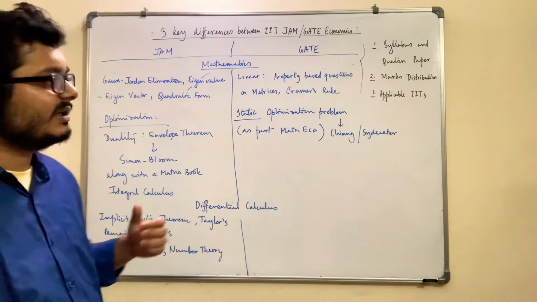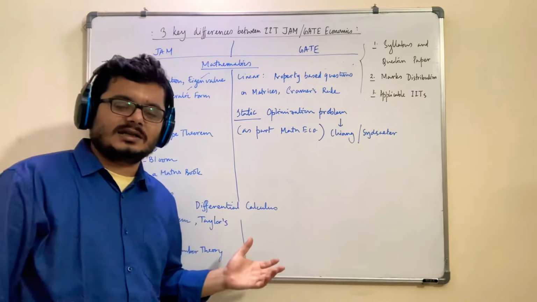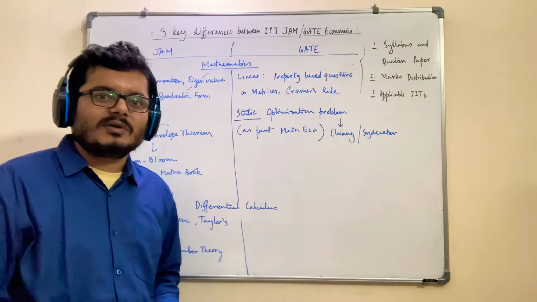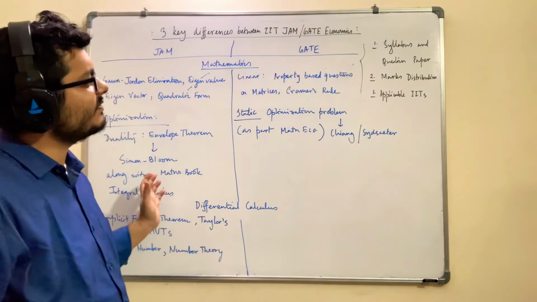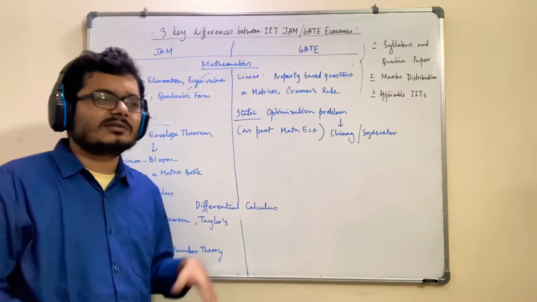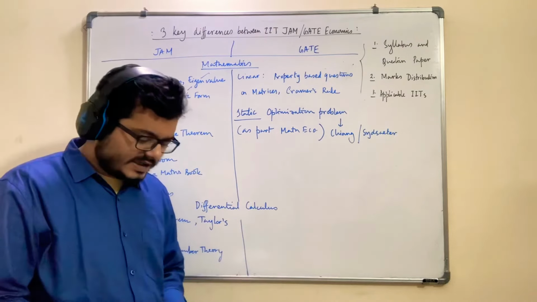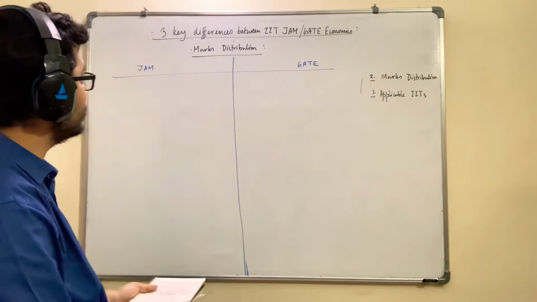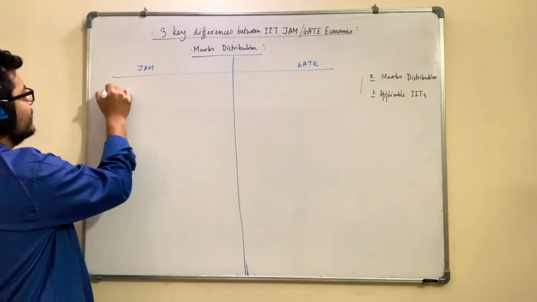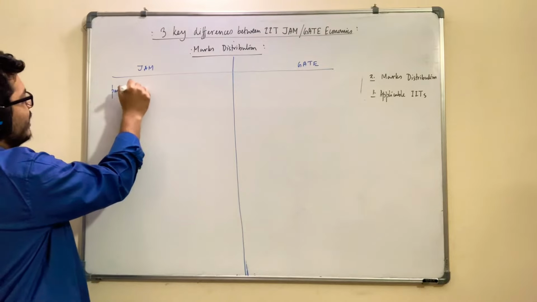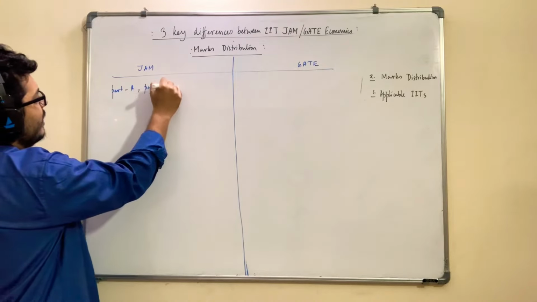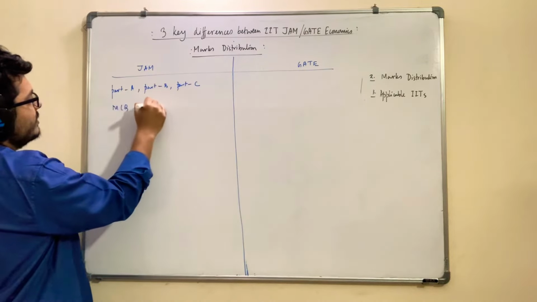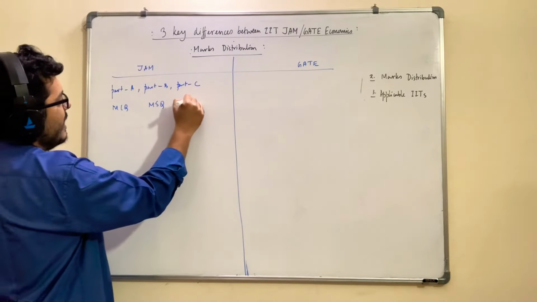In statistics also, the mathematical statistics part is higher in JAM. So technically speaking, JAM is a more mathematically inclined exam, whereas GATE is more on the side of economics, and that too the theoretical or model based or informative economics, not a lot of numerical problems. Okay. So in marks distribution, we know that in JAM there will be part A, part B and part C, accordingly divided between MCQ, MSQ and NAT.